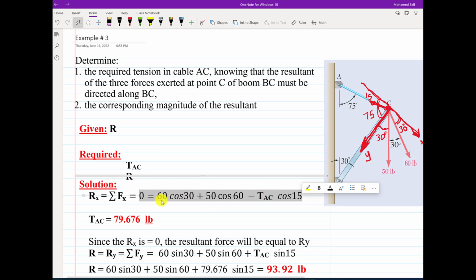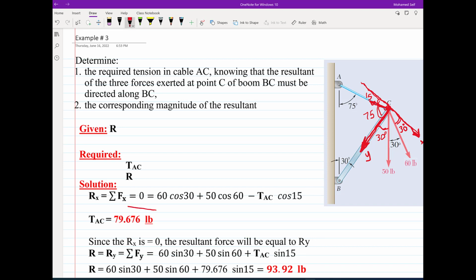Put it to the other side and divide by cosine 15, and you'll get the value of TAC. So finally, we succeeded in getting the value of the tension TAC. This is the first requirement.